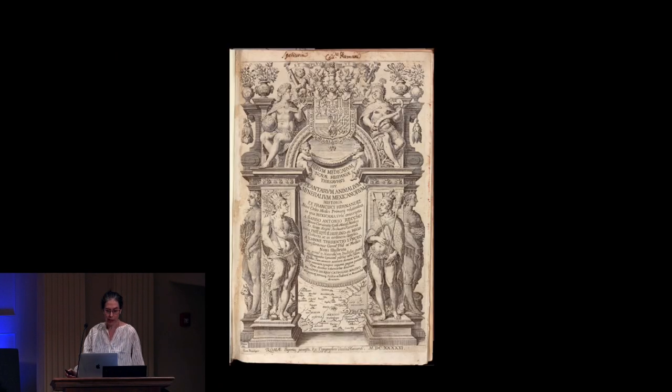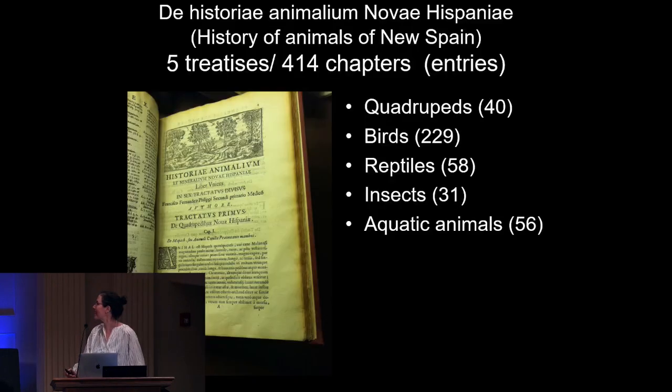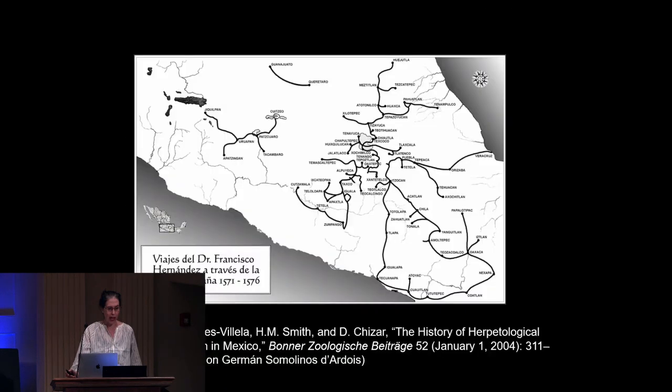And then the third project is the work of Francisco Hernandez, or, somewhat the work of his, as I'll argue there's a lot more involved, particularly focusing on the section on animals, the history of animals of New Spain, which was composed of 5 treatises with 414 chapters.